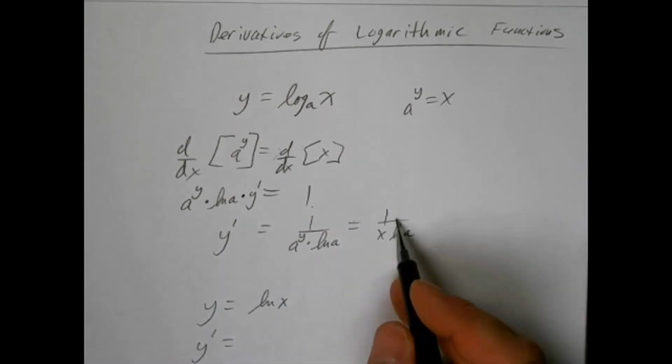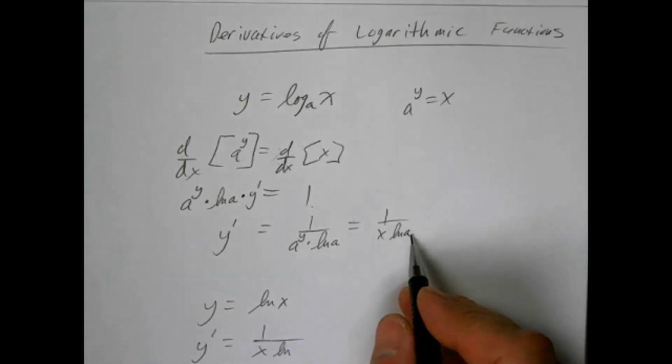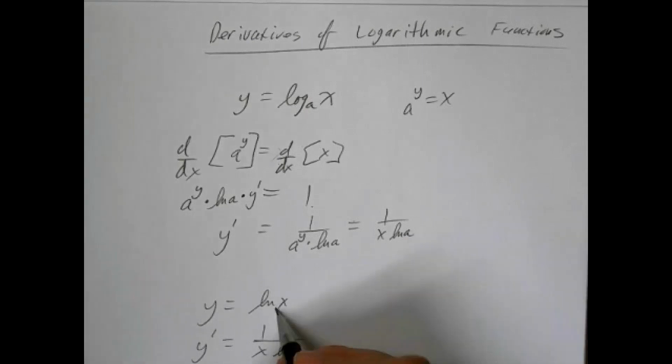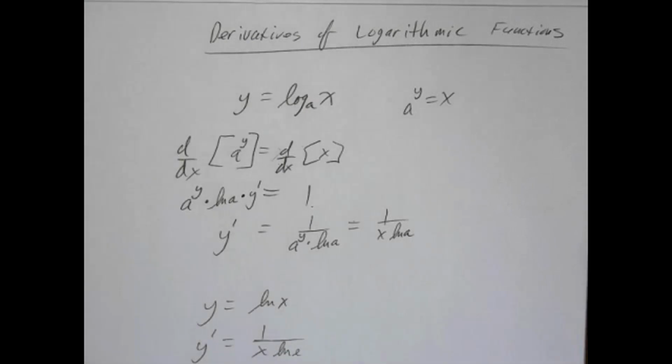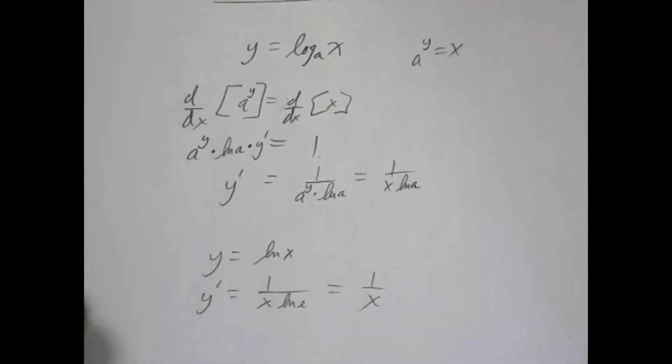Well, this result says it's going to be 1 over x, x on the bottom, and also natural log of a, but this time the a, which is the base, is an e. So we have a natural log of e. Well, natural log of e is 1. So therefore, our y prime for our natural log function just turns out to be 1 over x.